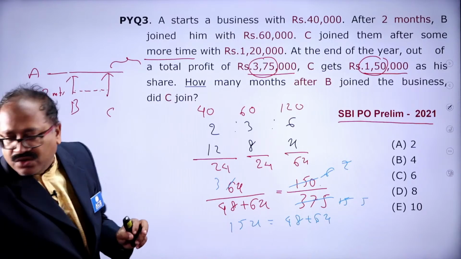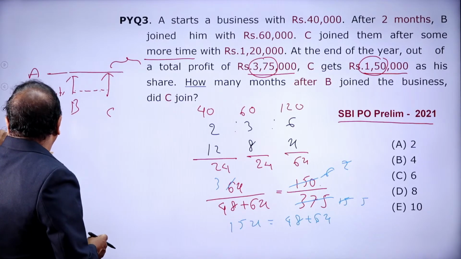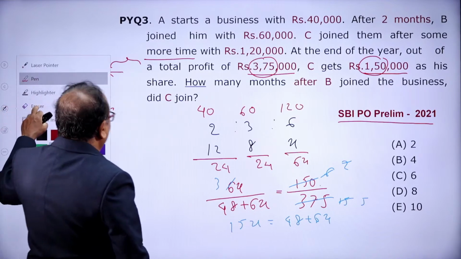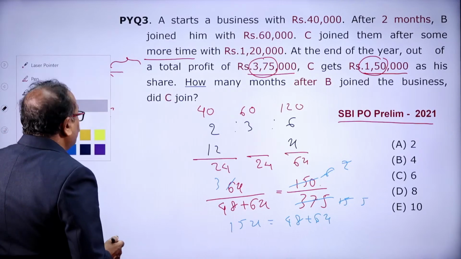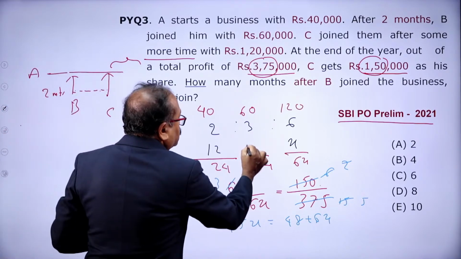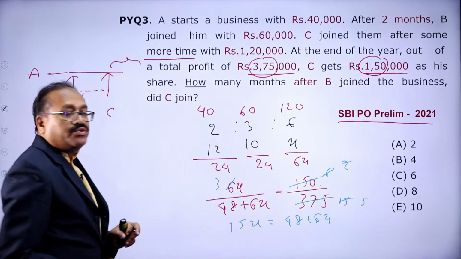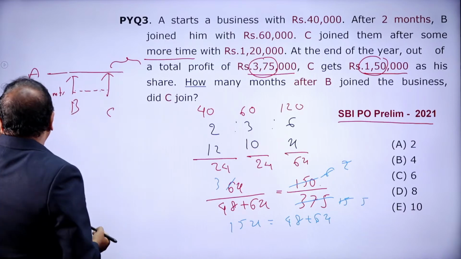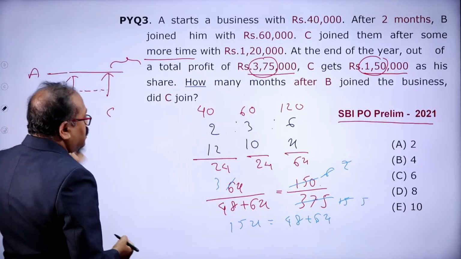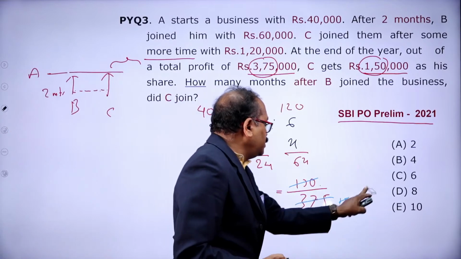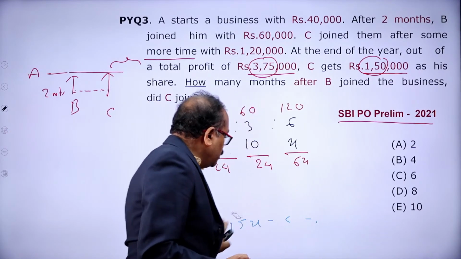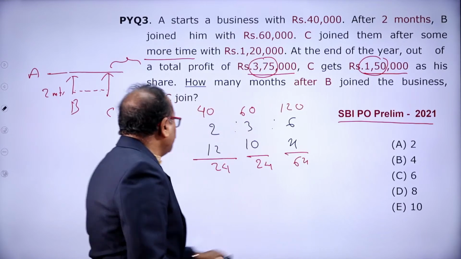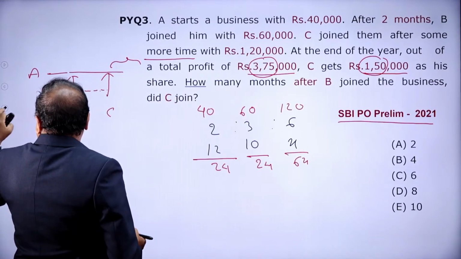Anusha, you have rightly said that there is a small error over here. That is, after 2 months he joined. Therefore, it should be 10 months, and this is X. Now the whole thing will change. Not an issue. There is some small silly error. But it is not acceptable if you are writing the exam.